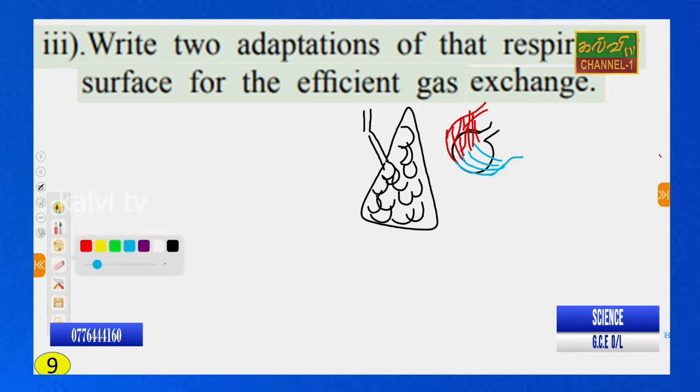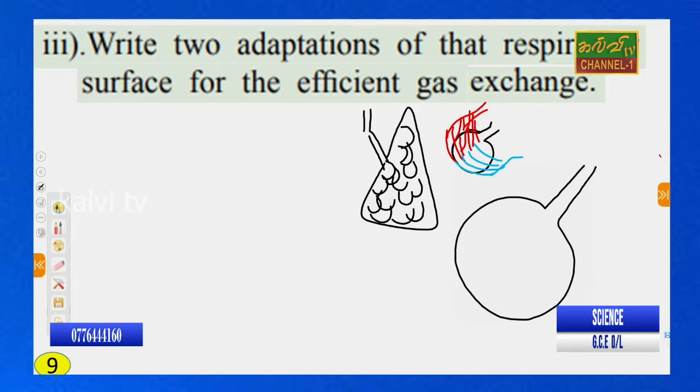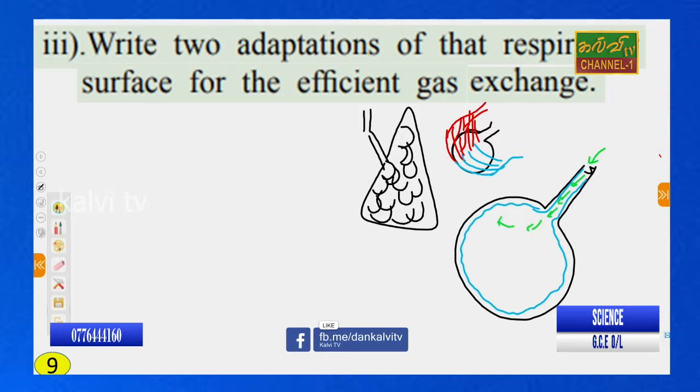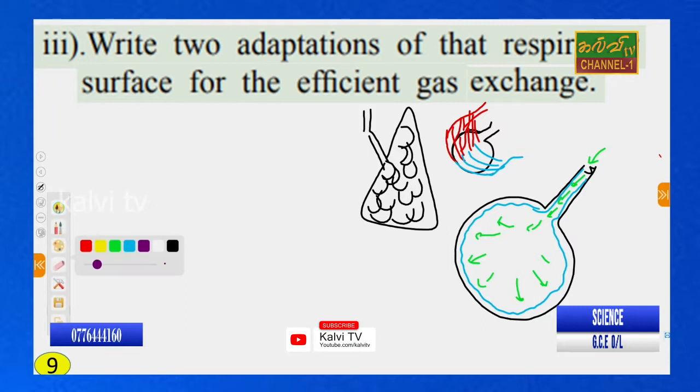So when we see the internal surface, we find the wet, moist surface inside of the alveoli, because when we inhale, the air enters into the alveoli.